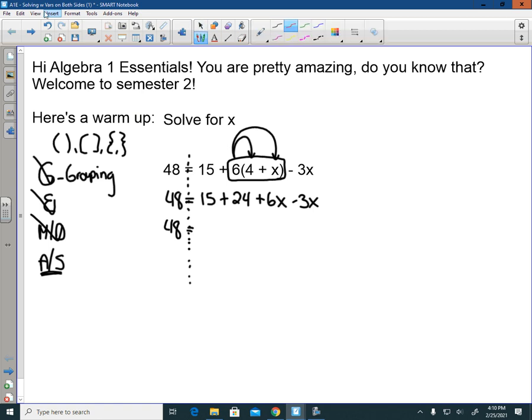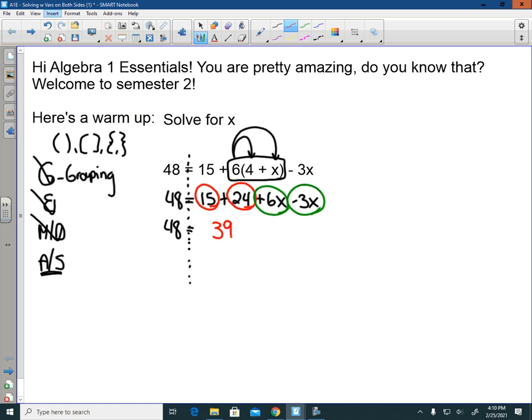We can combine 15 and 24 together because neither has a variable. We can combine 6x and negative 3x together because they both have an x. Even though we're adding and subtracting, we're being careful that we're combining like terms. So 15 plus 24, let's see, that's 39.